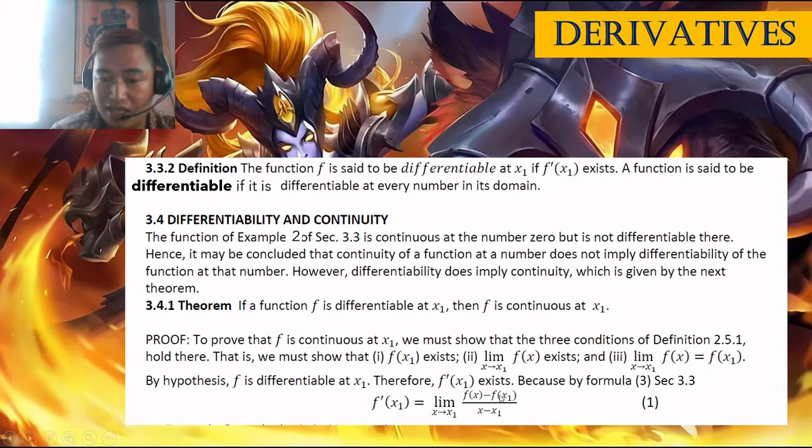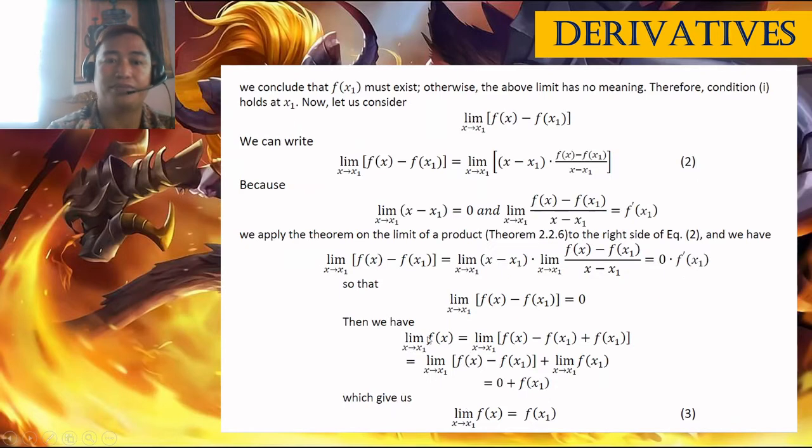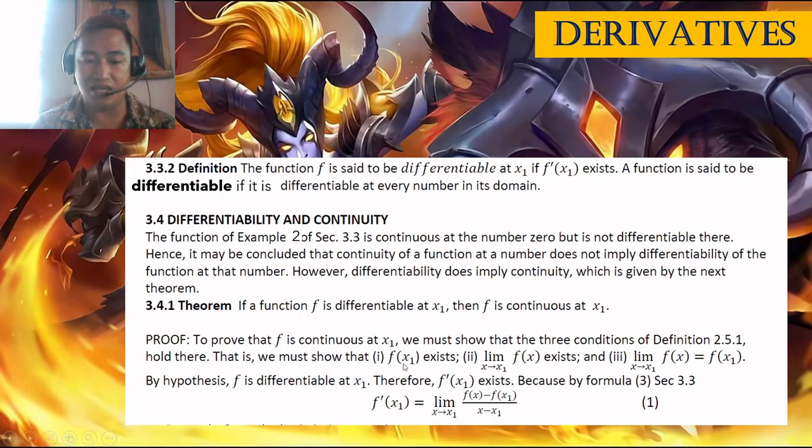What if it does not exist? Then the limit cannot be solved. Therefore, we conclude that f of x sub 1 must exist. Otherwise, the above limit has no meaning. Therefore, condition 1 holds at x sub 1. So, condition 1, f of x sub 1 exists, is done. Next, the limit exists and equals f of x sub 1.